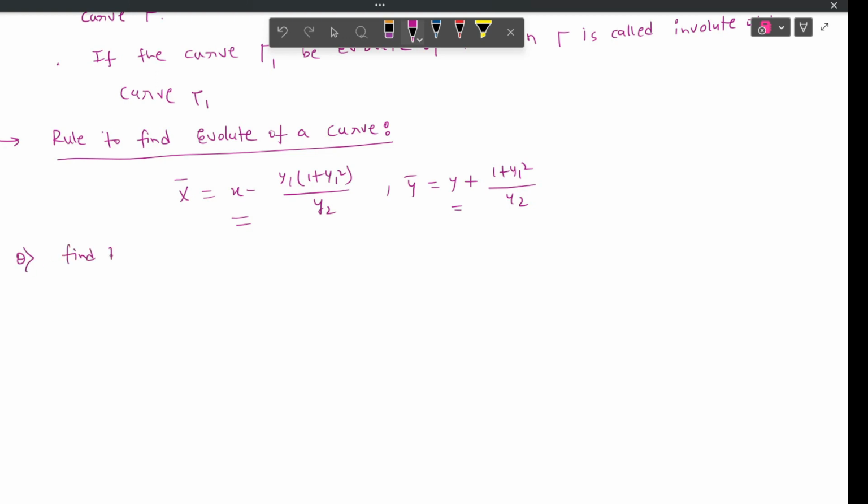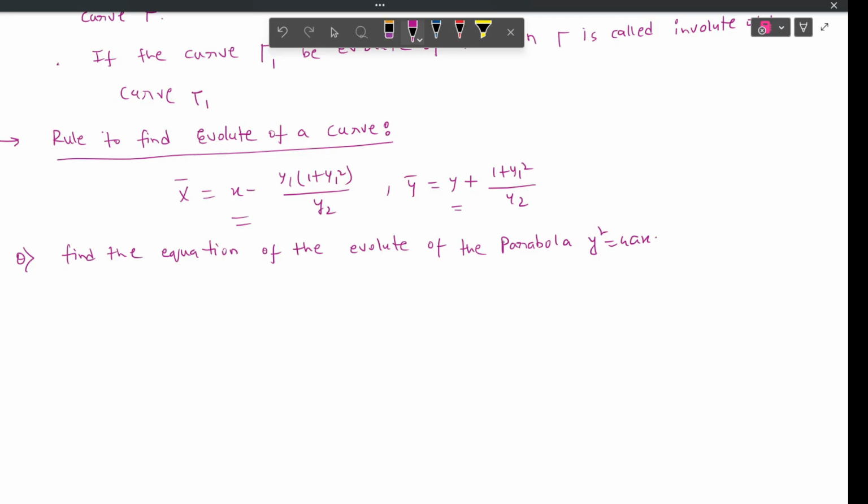Find the equation of the evolute of the parabola y square equals 4x.